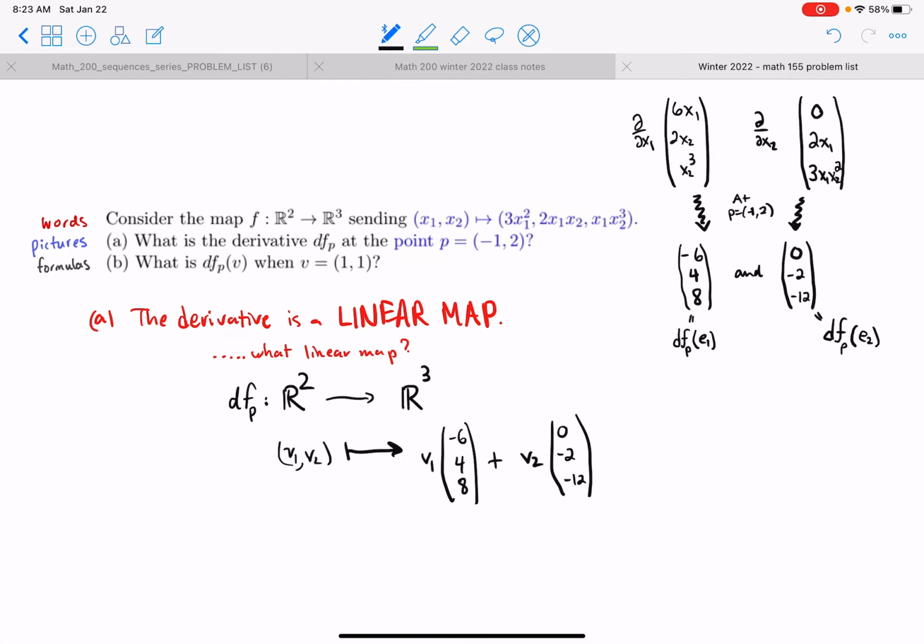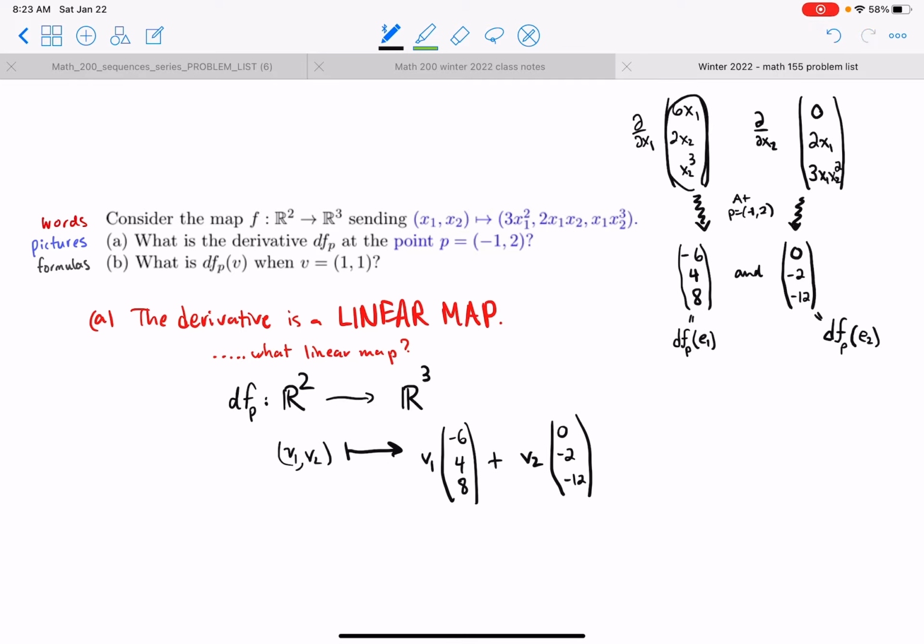And you see, this depended on the point. We had to linearize at the point P because that's where we want it to make sense. Like nearby to P, this is going to be a good formula. And so that's why we plug in for P.